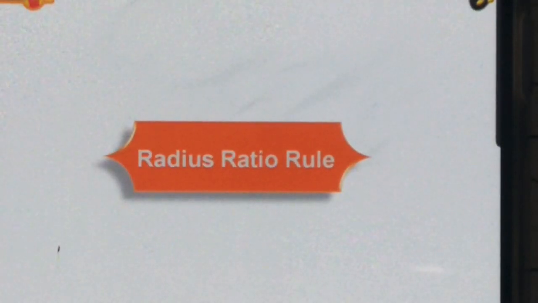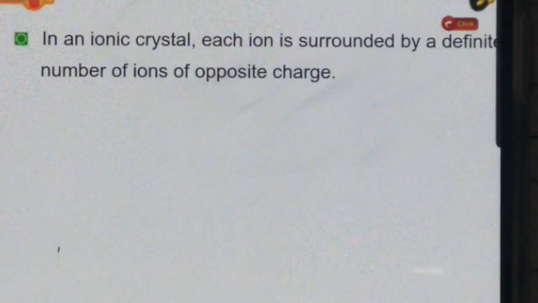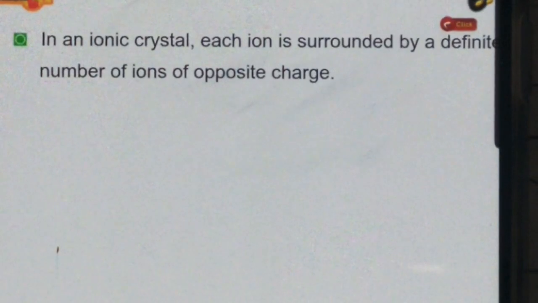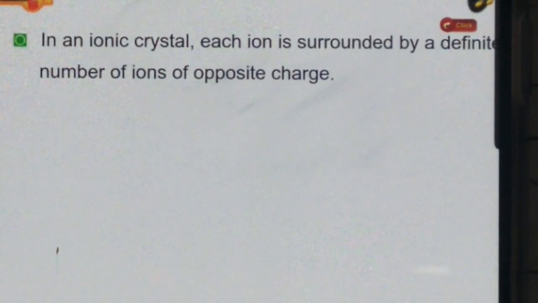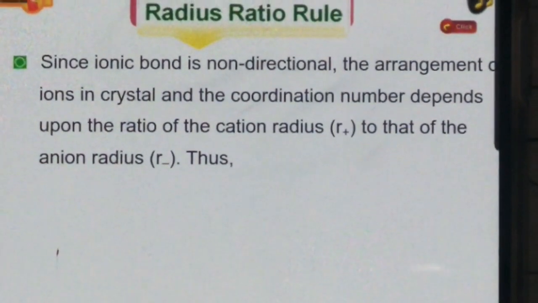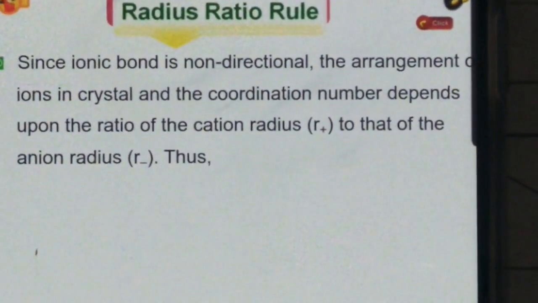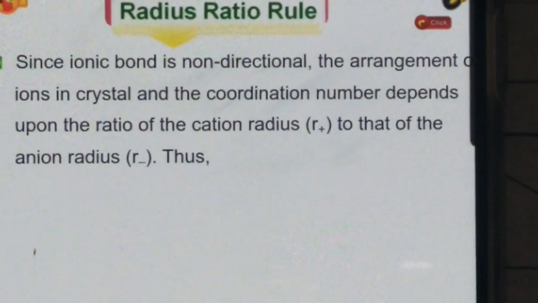Radius ratio rule. In an ionic crystal, each ion is surrounded by a definite number of ions of opposite charge. Since the ionic bond is non-directional, the arrangement of ions in the crystal and the coordination number depend upon the ratio of the cation radius to that of the anion radius.